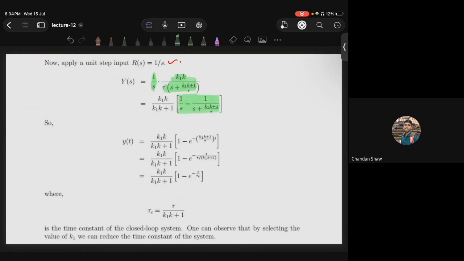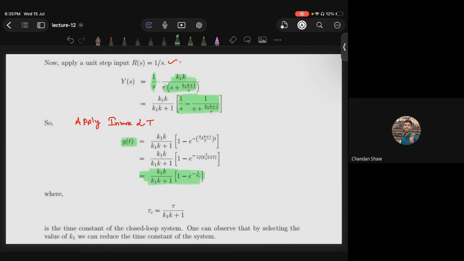Once after applying the partial fractions, apply inverse Laplace. So finally, you are getting this expression in time domain as y of t.